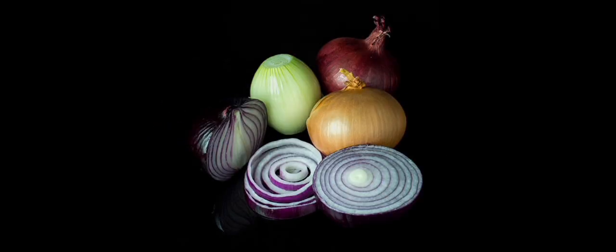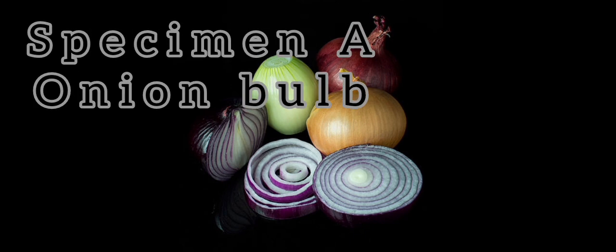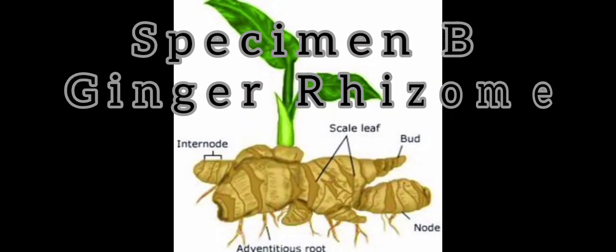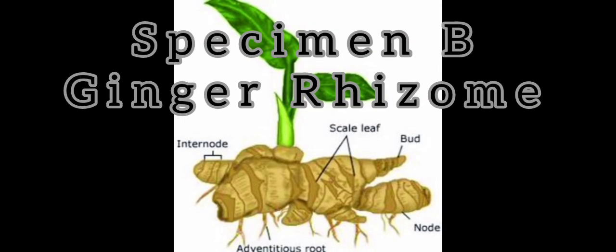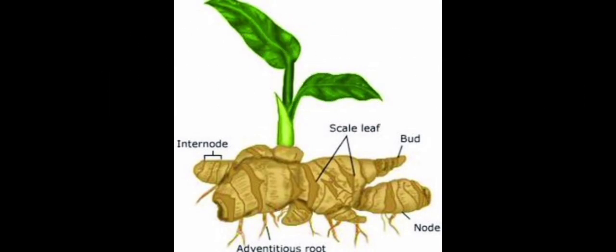Okay, so we will start by analyzing specimens A and B. Specimen A is onion, a bulb of onion, and specimen B is ginger, a rhizome.